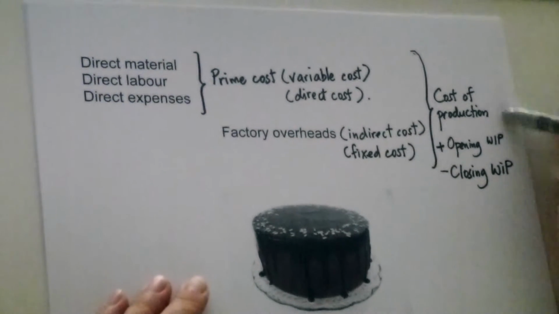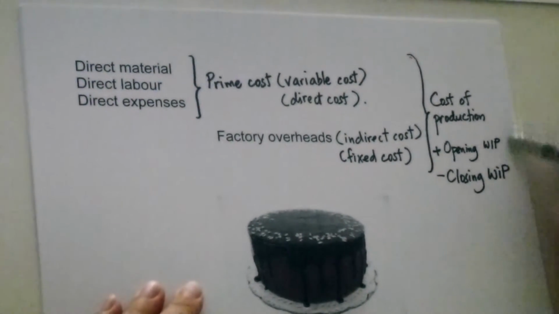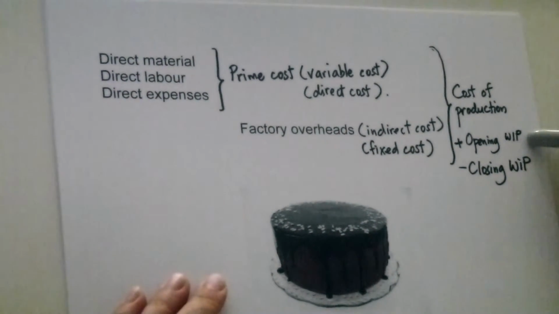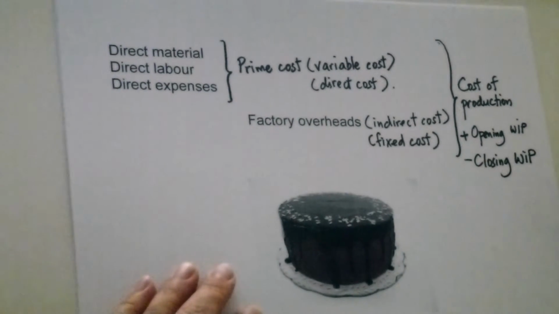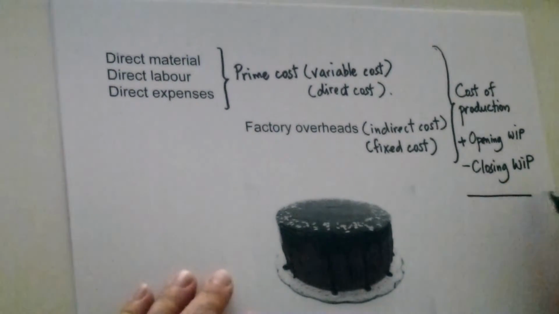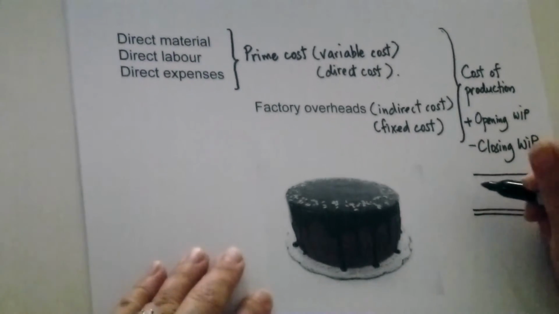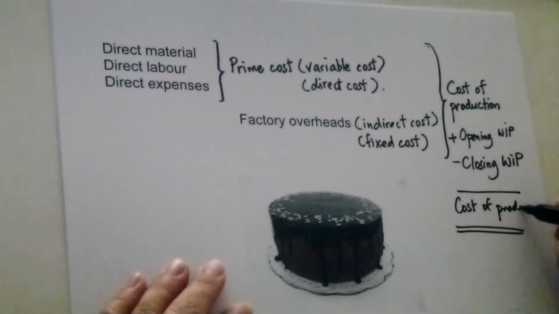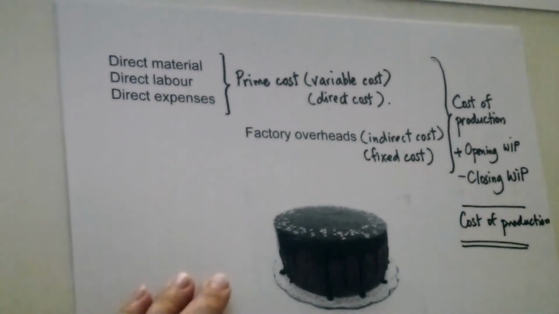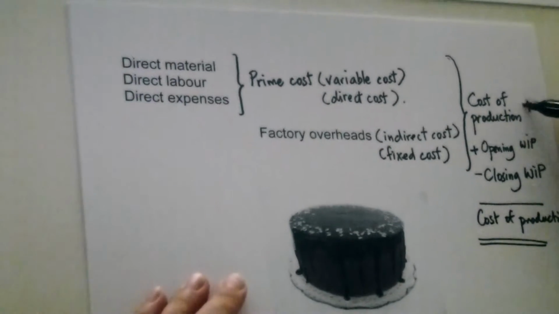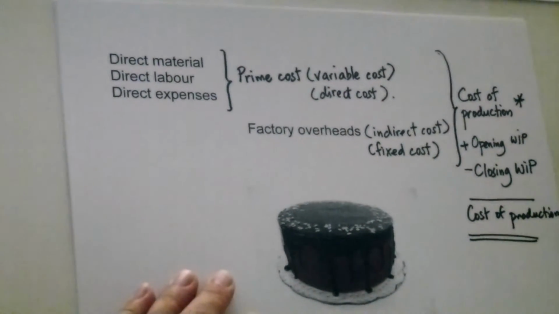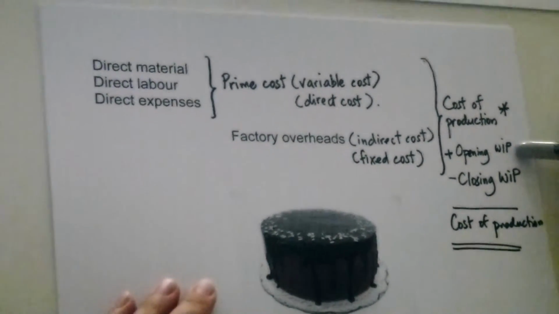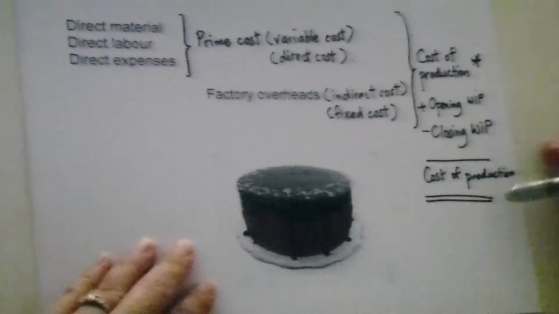In this case, it's not known as cost of production just yet, because you have to adjust for opening work in progress and for closing work in progress. And then this will now be your adjusted cost of production. So this is if you do not have work in progress. And if you do have work in progress, you need to adjust for opening and closing work in progress. You get your cost of production.